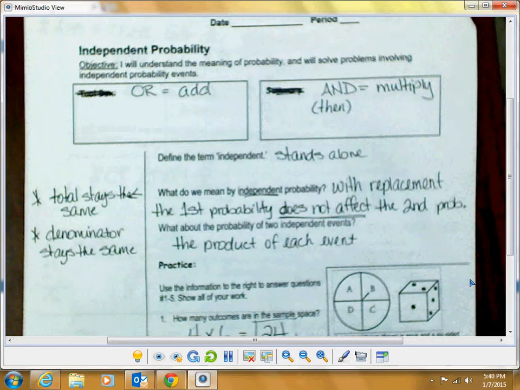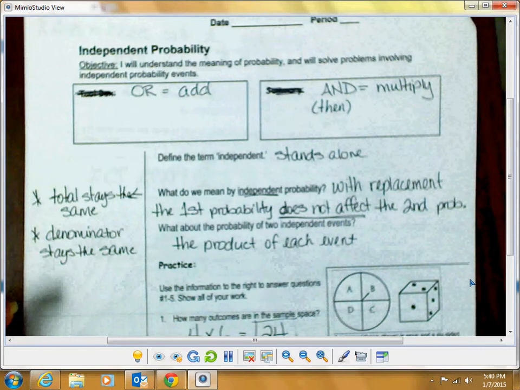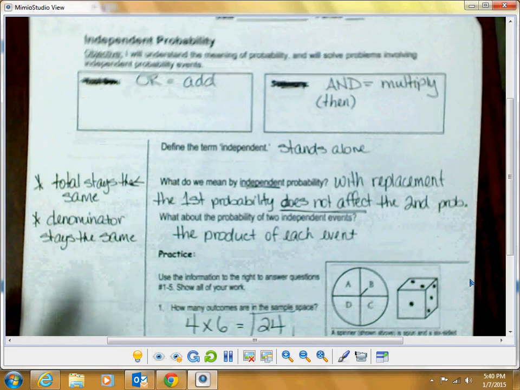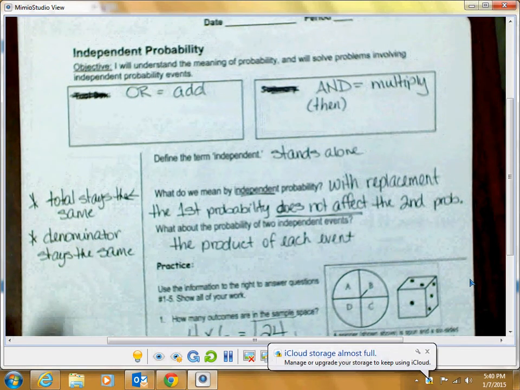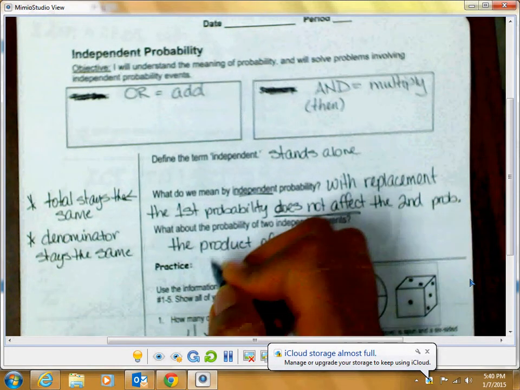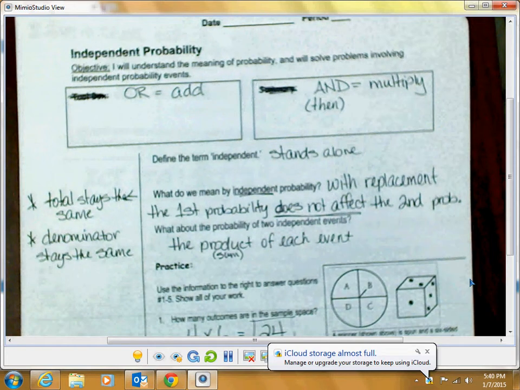If it is independent, then that also means the total, the denominator, stays the same because it is with replacement. The first probability does not affect the second. When it says what is the probability of two independent events, that means you need the product of each event. Or you may even use the sum. It depends on if it says and or or.